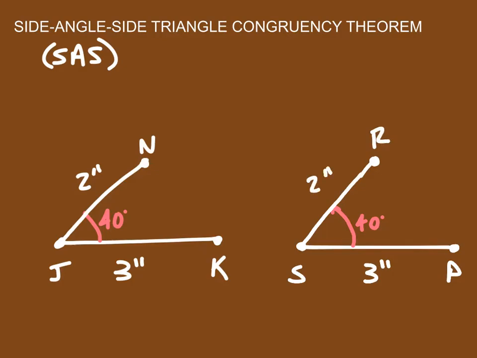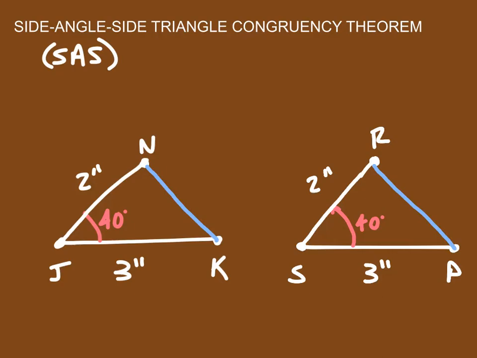Now, my drawing isn't perfect because I'm doing it freehand, but if we connect these points, like N and K and R and P, what we've done is we've created two congruent triangles.